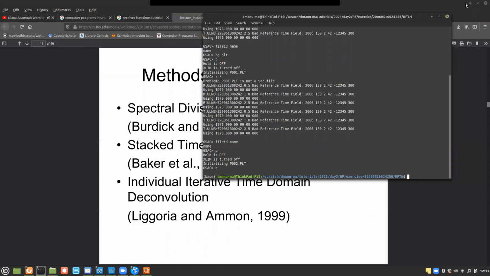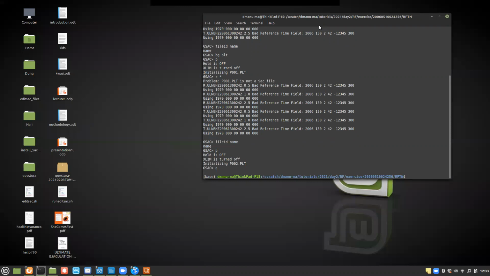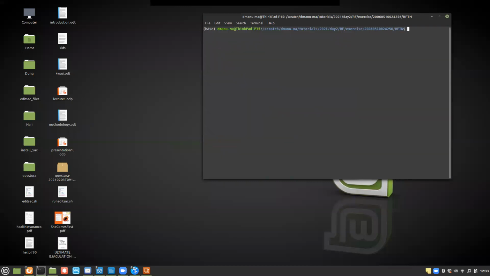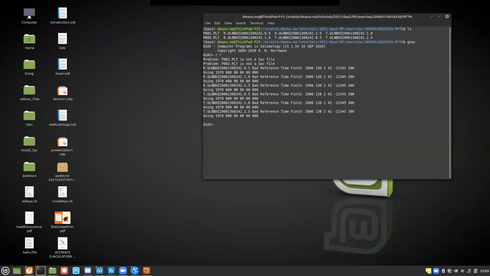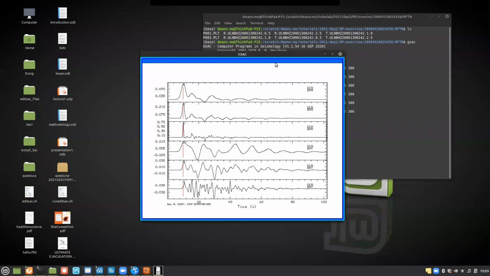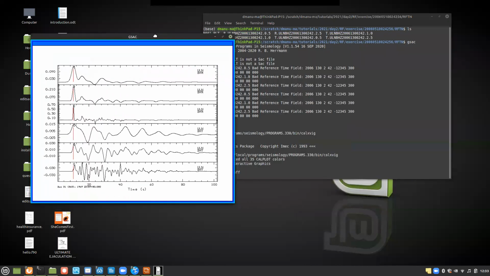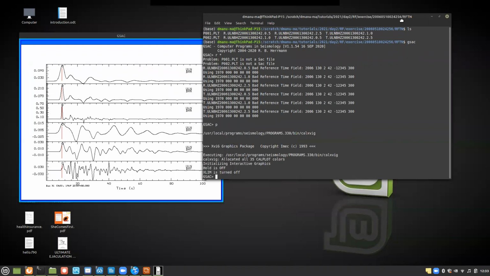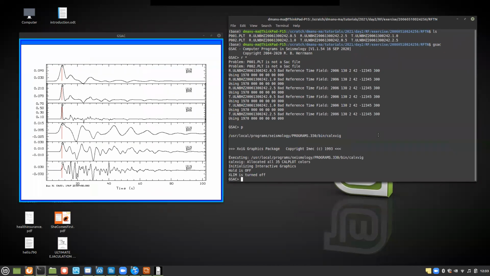I think my window is hiding somewhere. Okay, so then this is the final result. So we saw the signal, and this is the receiver functions computation.